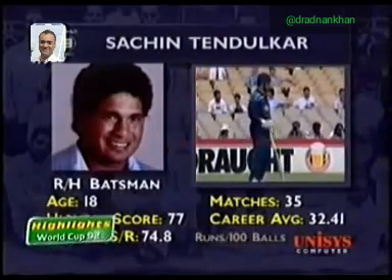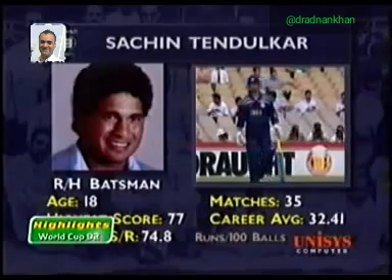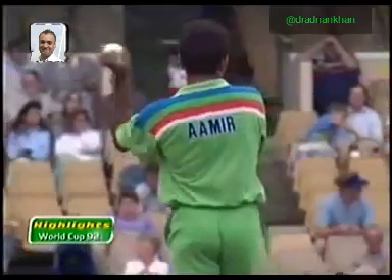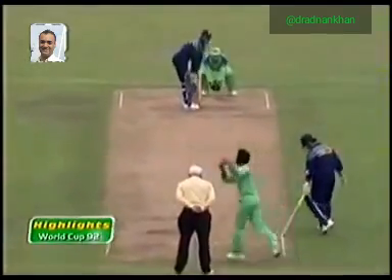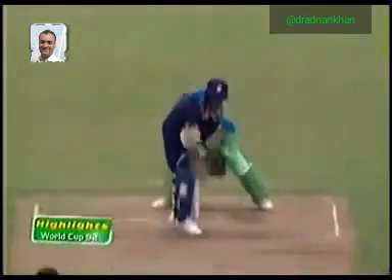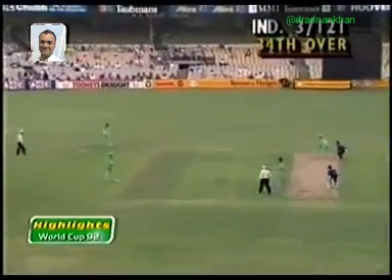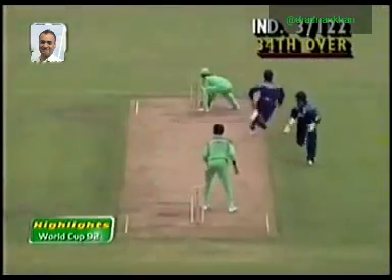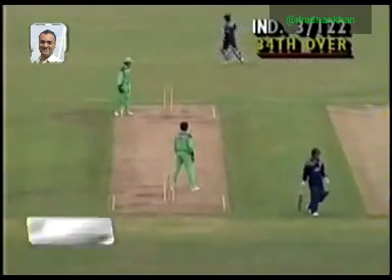Sachin Tendulkar comes out to join Vinod Kambli. And this is Amir Sohail, slow left arm. They'll turn this one behind square. They'll look for two. And they're going to come back for two. They're going to make it comfortably, and Moin Khan again.